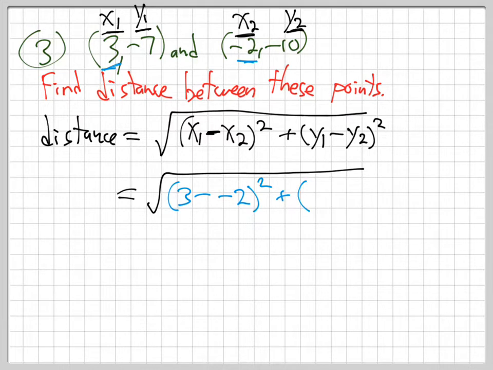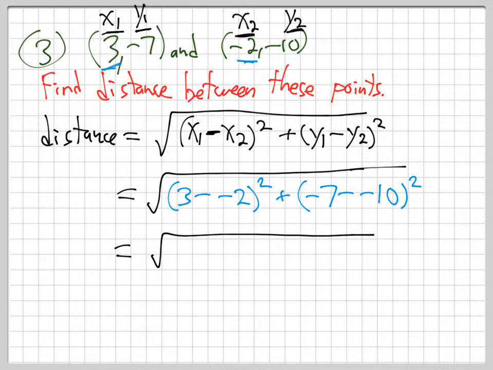Plus y1, -7 minus y2, -10, squared. The double negative here becomes positive, and the double negative here becomes positive, right?